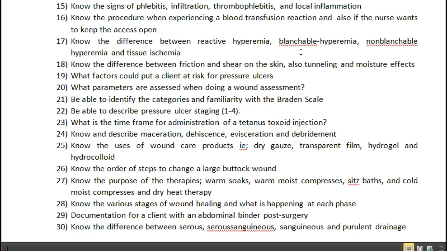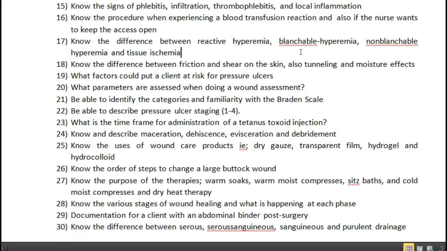Reactive hyperemia is a redness of the skin resulting from dilation of superficial capillaries. It blanches most of the time. In blanchable hyperemia, the area that appears red and warm will blanch, turn lighter in color, and follow the fingertip palpation.